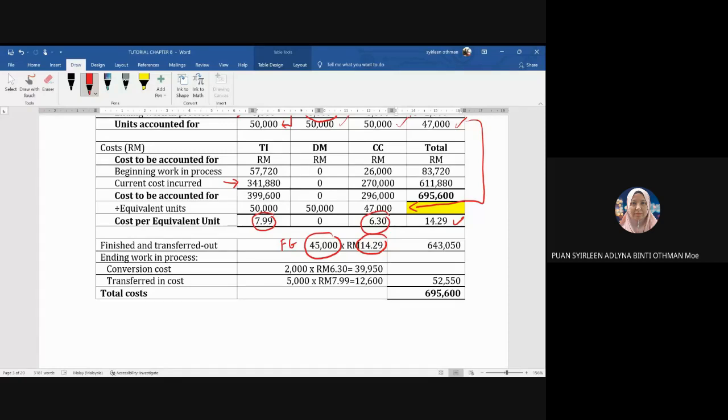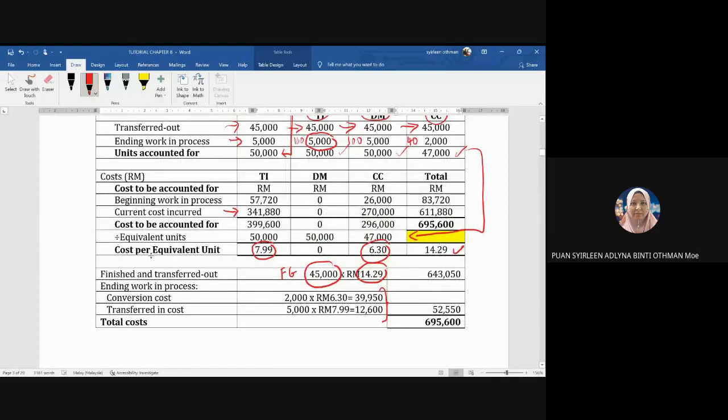RM643,050. So conversion cost kita just darab saja. I think I left out one, is it? To finish and transferred out. Sekejap. 39,950 plus 12,600. 52 minus 695,600.